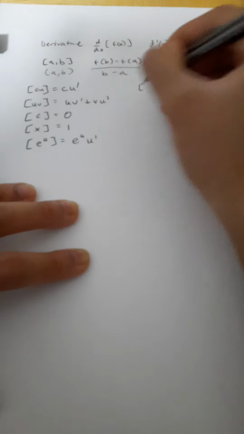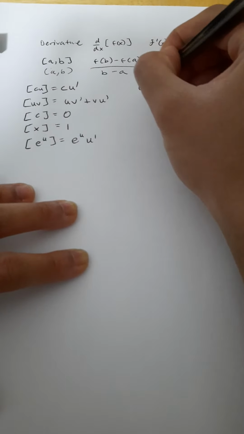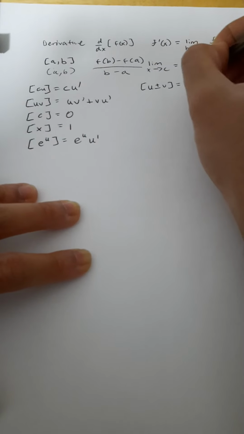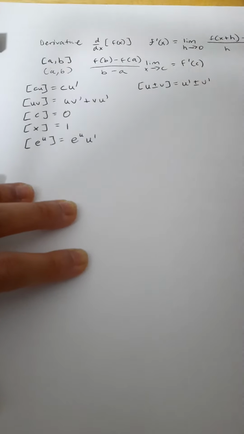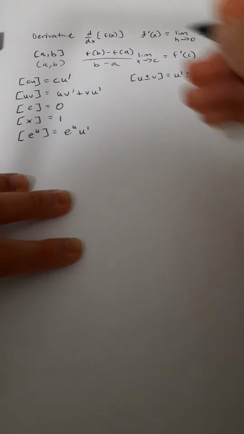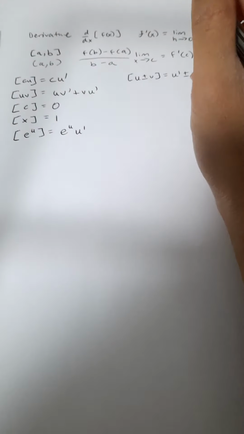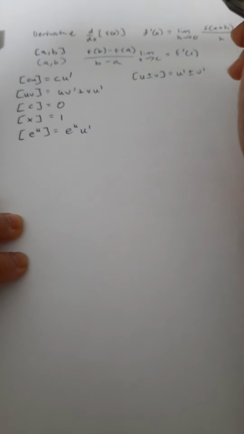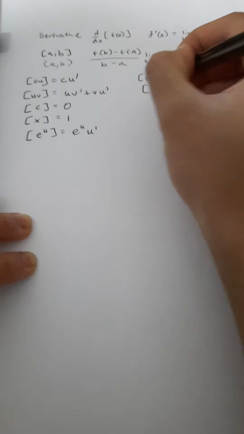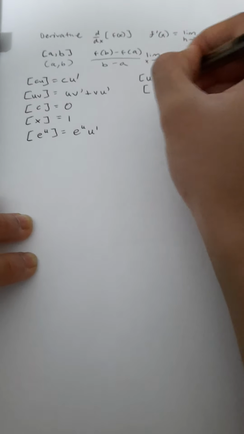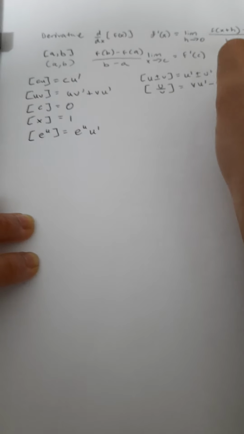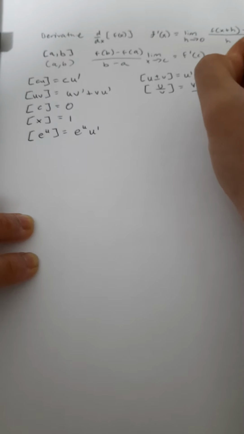Now we get into the sum and difference rules: u plus or minus v is equal to u prime plus or minus v prime. So basically you're subtracting or adding the derivatives of those two. That's also important: u and v are functions. Sorry, I didn't mention that earlier. If we have a quotient, this is the quotient rule: v u prime minus u v prime over v squared.